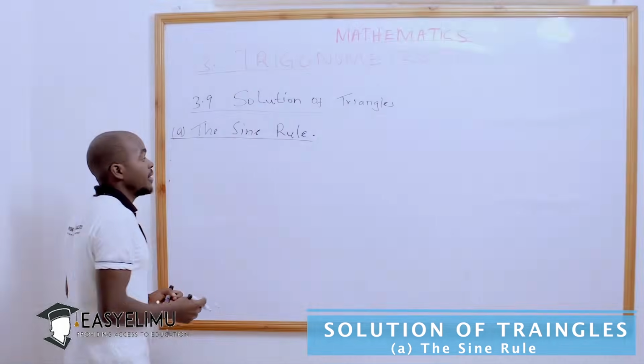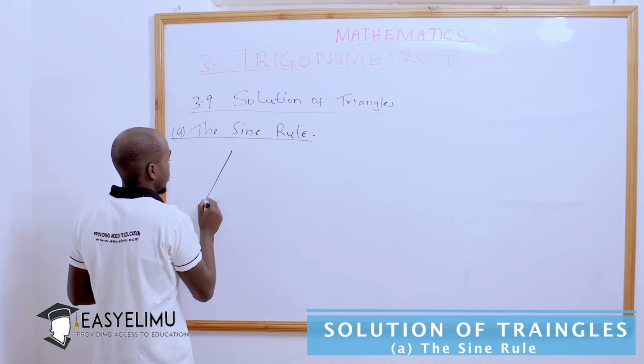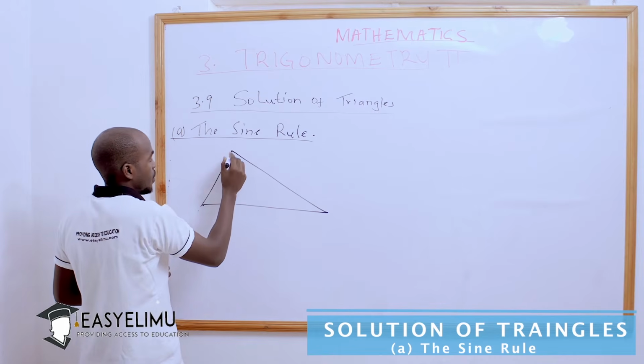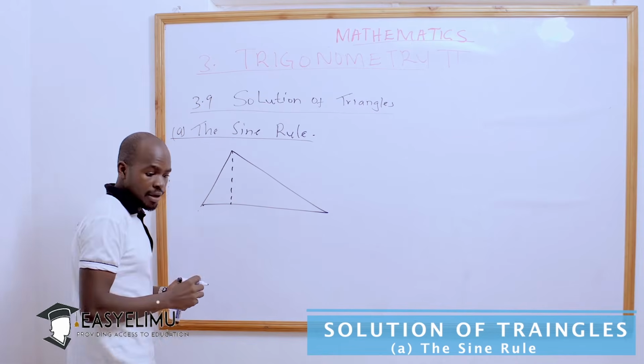Now let's consider another case, whereby we have two triangles which are different from what we had there.